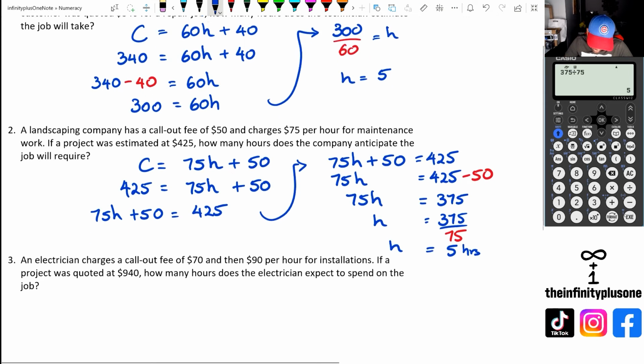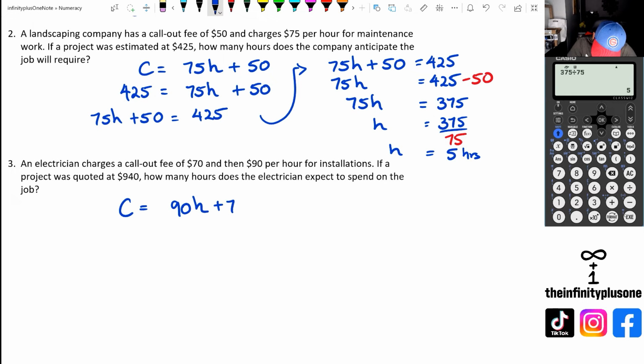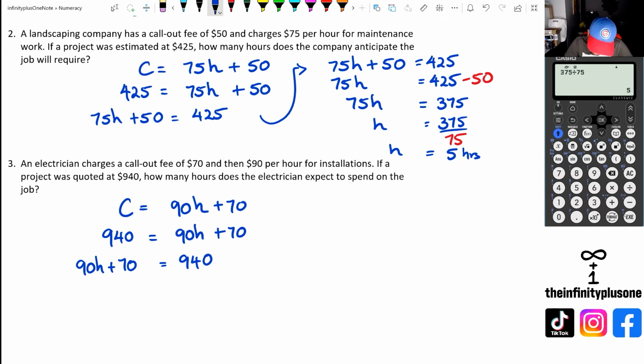And finally, looking at question 3 here. An electrician charges a call-out fee of 70. So the cost is going to be $90 per hour plus $70, and we've got a quote of $940. So 90H plus 70 equals $940.